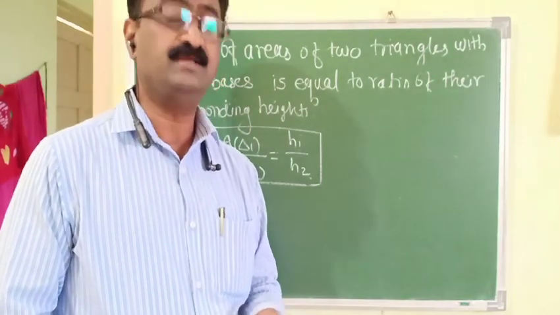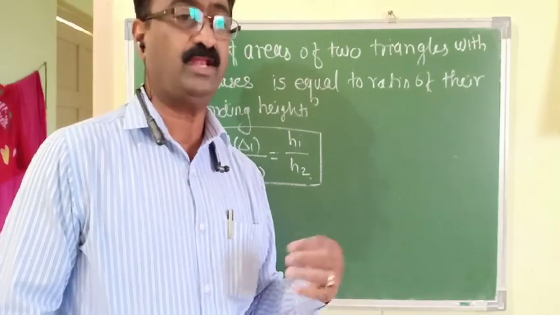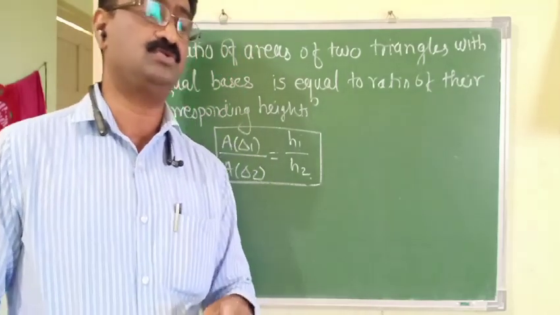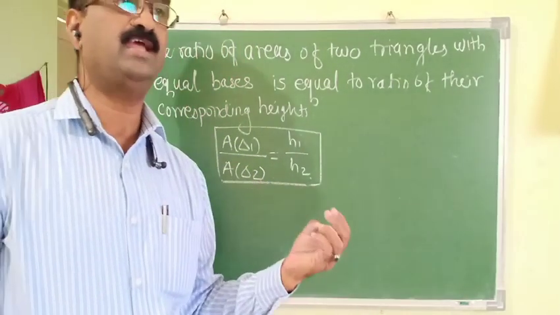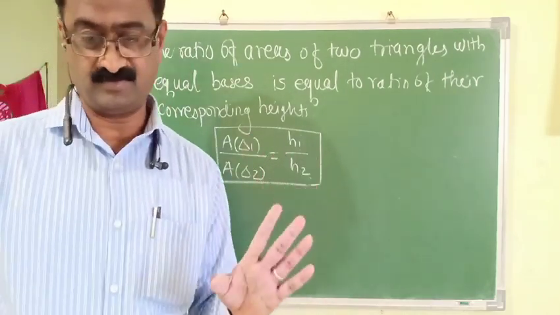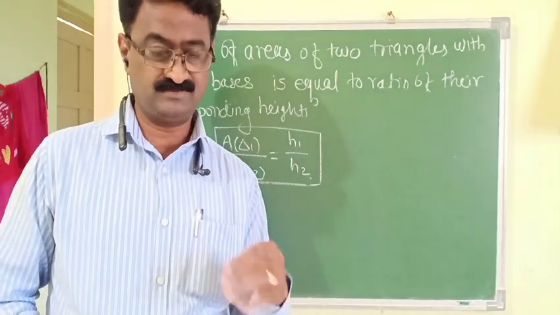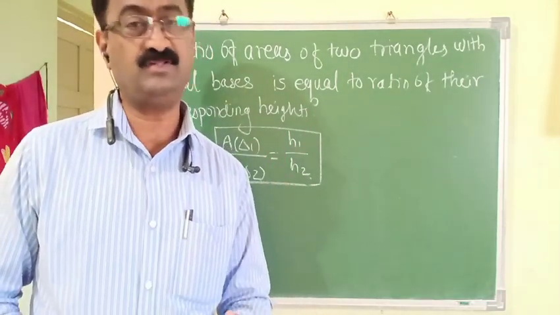And third property, the ratio of areas of two triangles with same base or equal base is equal to the ratio of their corresponding heights. So these are the three properties of the areas of two triangles. So here we will stop now. We will see the next concept in the next period.